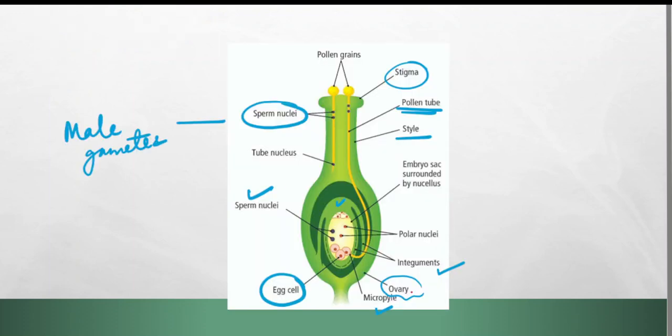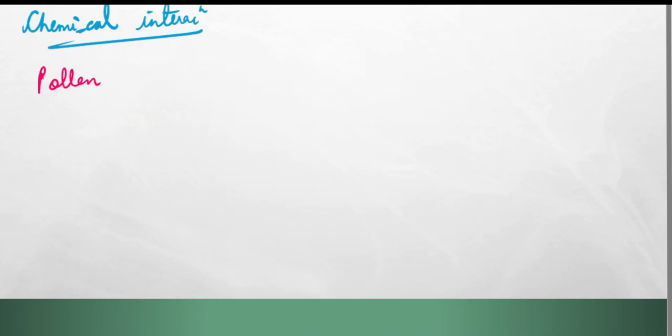Now this pollen tube actually goes towards the synergids. Okay, and from the synergids it absorbs. What does it do? It absorbs water. Whatever fluid things it gets, chemicals and all, it will absorb. Okay, in short, it will absorb water.